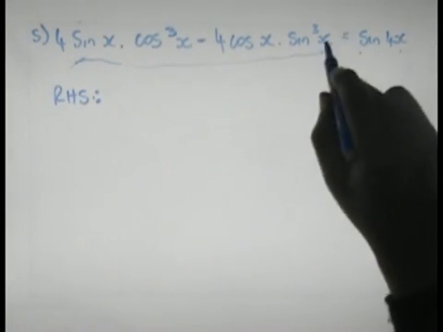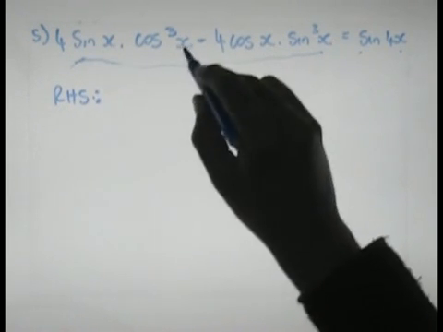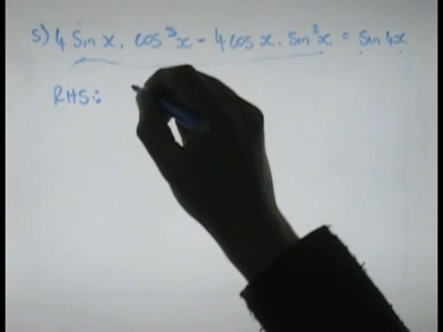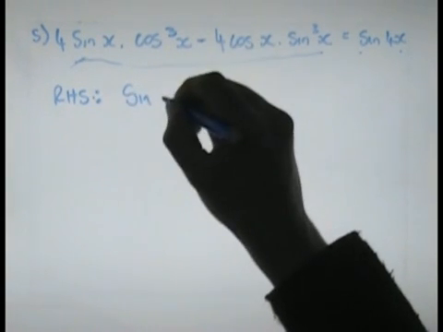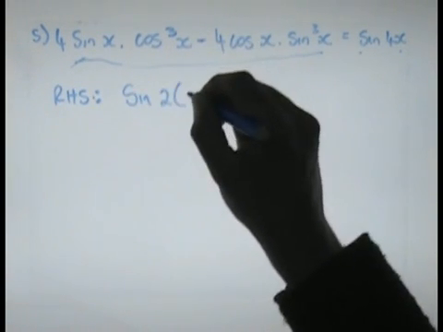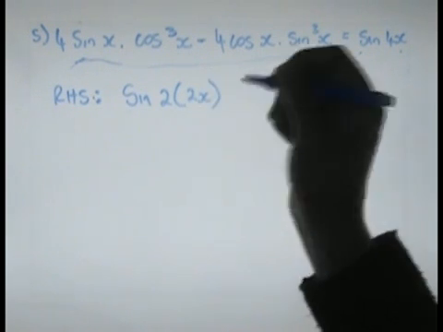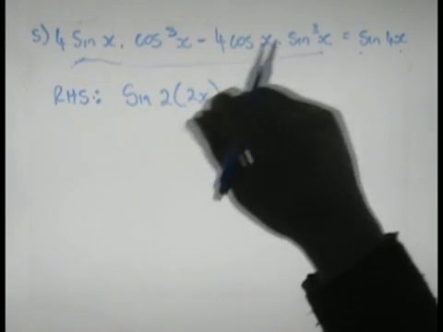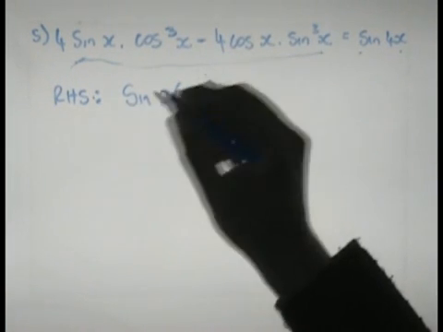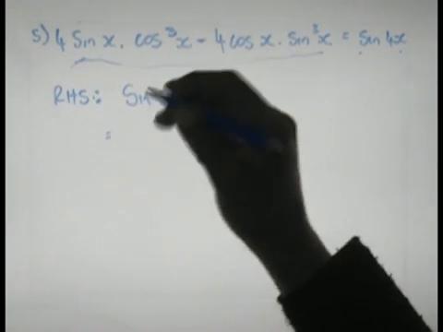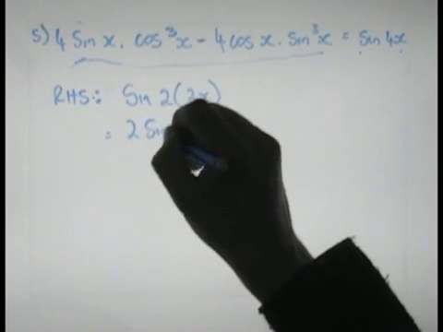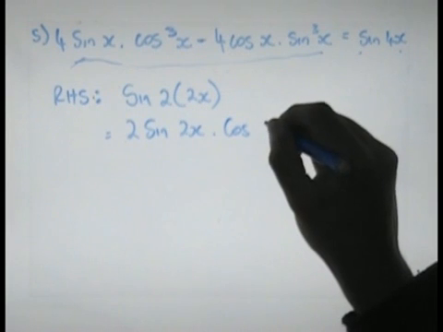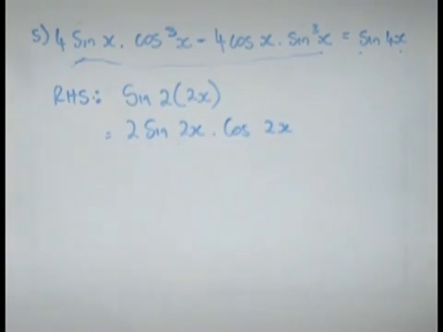Sine 4x, look at this, all of these are in the form single x. This is sine 4x. Now, isn't sine 4x the same as sine of 2 times 2x? Sine of 2 times 2x is equal to 2 sine 2x times cos 2x.